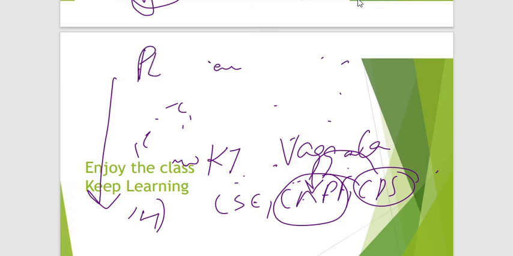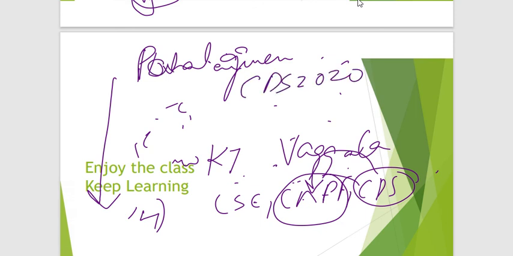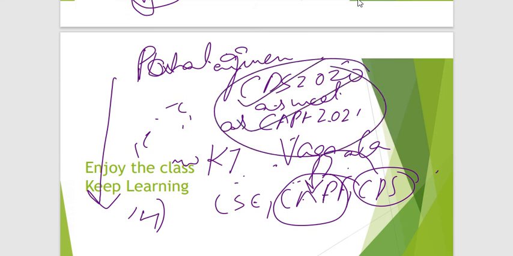The Pahal scheme was given. Pahal scheme, that is an LPG subsidy scheme, was given in the same year, in CDS 2020 as well as CAPF 2020. One who was preparing for both exams will keep that answer ticked and come here, or else at least one who appeared in this exam will know that answer and mark it right.